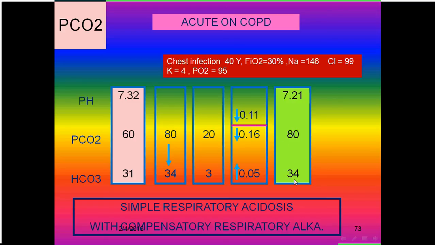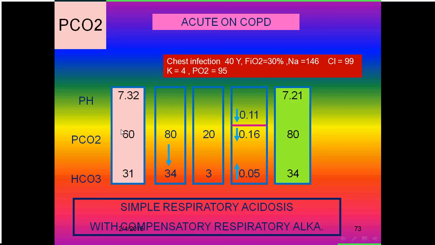First, you have to subtract 3 from 34, because in acute exacerbation the kidney itself compensates by 3 to 4 milliequivalents per liter of bicarbonate, no more. So with a compensation of 3, the previous state will be 31. This means that it is more than the normal bicarbonate, which is 24, by 7.